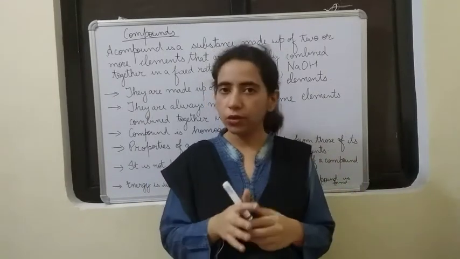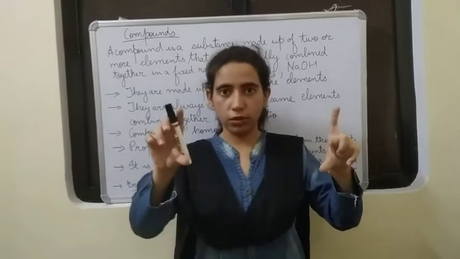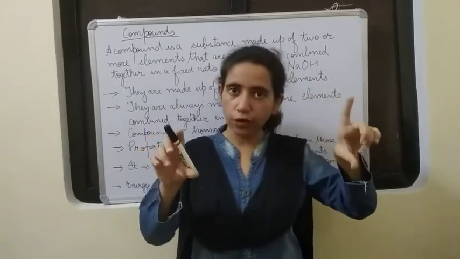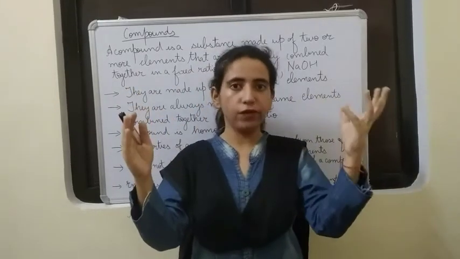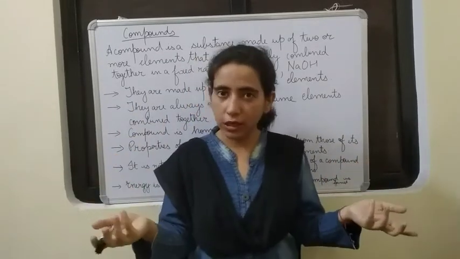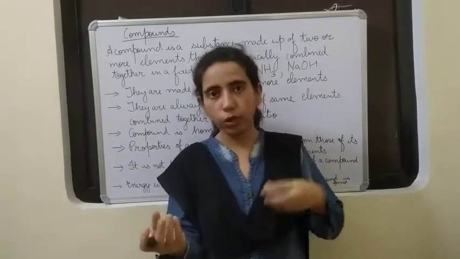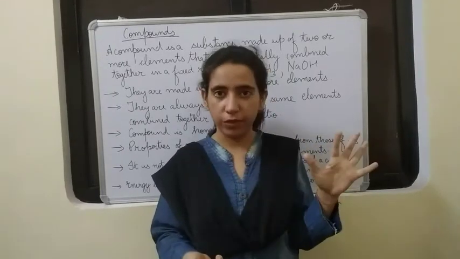Actually, when we do electrolysis, electricity is passed with the help of two electrodes. That means one positive electrode and one negative electrode. On these two electrodes, on one we will get oxygen and on the other one we will get hydrogen. So you see that water has separated into its constituent elements by a chemical means, not physical means.